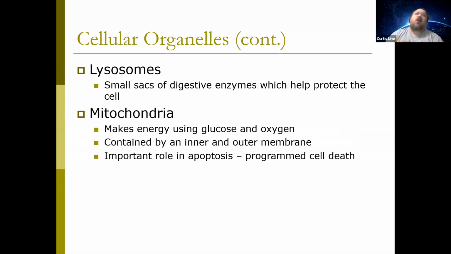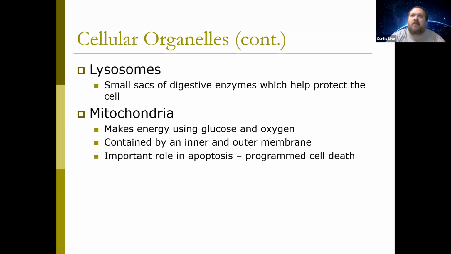Of course, we all know the mitochondria is the powerhouse of the cell. It makes energy, or ATP, using glucose and oxygen. Mitochondria have two membranes, an inner and outer membrane. And you may have learned in A&P how the mitochondria also has a role in apoptosis, which is programmed cell death.